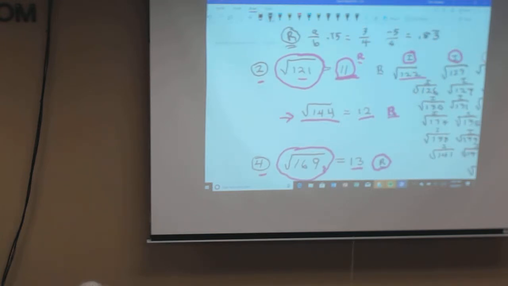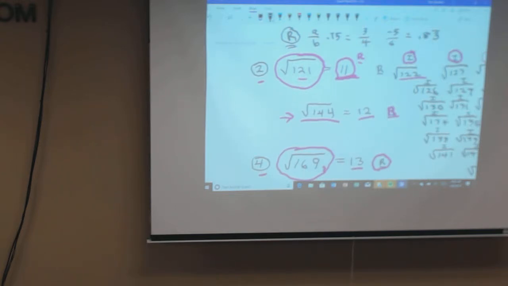Irrational. Because they really don't make any sense. They don't have decimals that repeat, places that repeat, that you can put a bar over. So these are rational numbers and everything else is irrational.